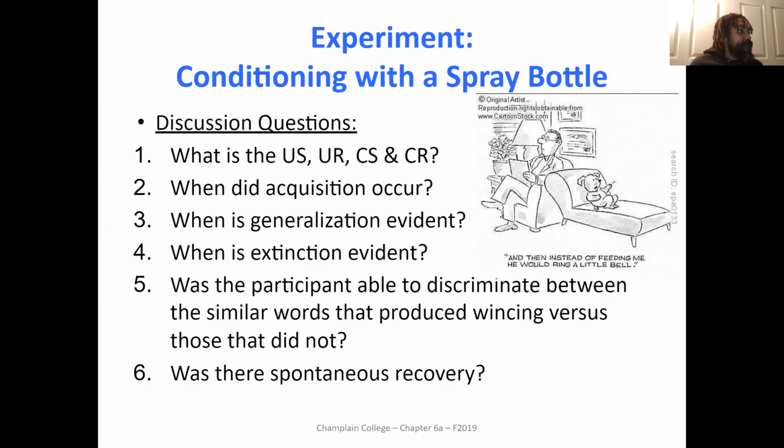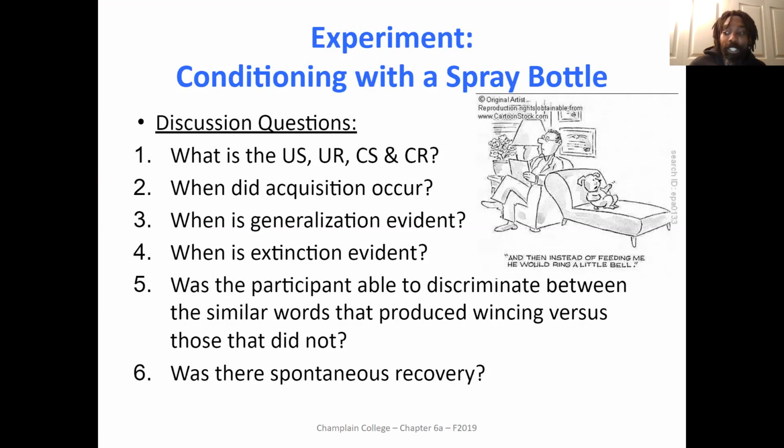The unconditioned stimulus would be, I don't know, if a dog sees a squirrel, it'll start to run.